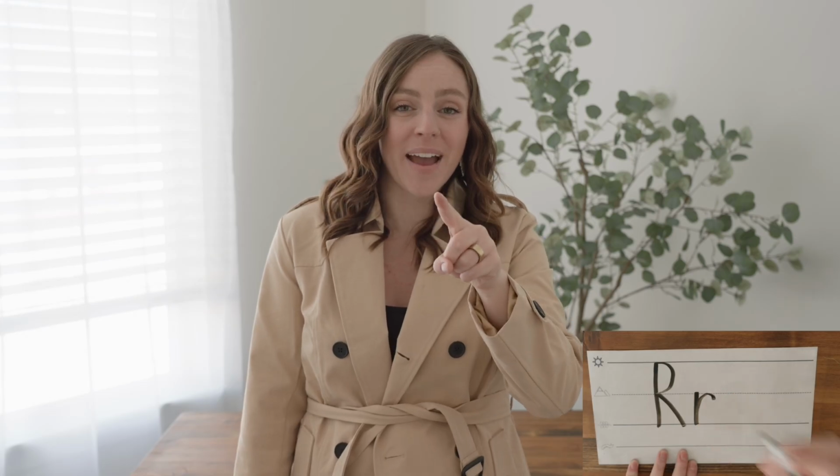Let's practice lowercase r. Now lowercase r, he's a short bear, so he's gonna start on the mountain line. All right, starting at the mountain line, go down to the grass line, back up to the mountain line, and around.